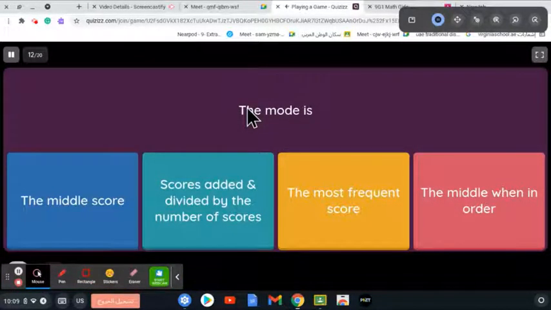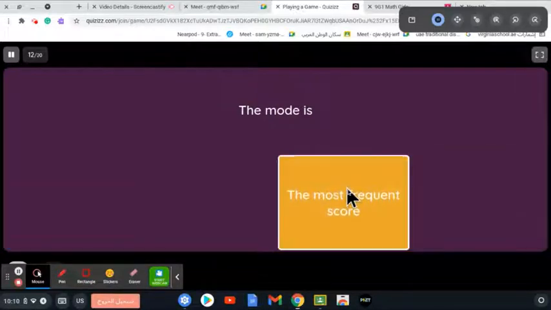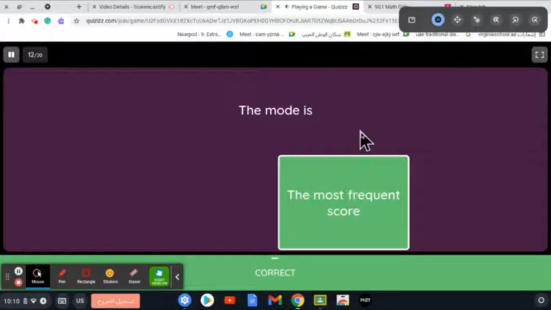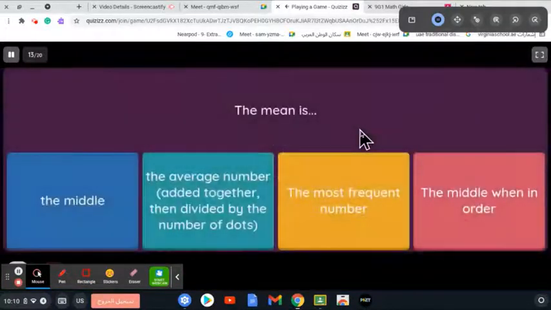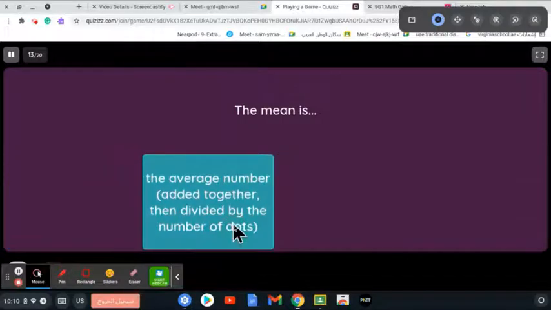What is the mode? The mode is the most frequent number or the most frequent score. What is the mean? The mean, by saying one word, is the average. So it's the average number added together then divided by the number of dots.